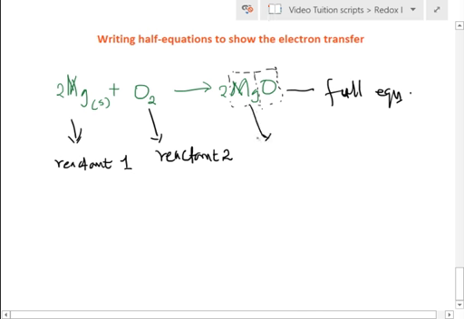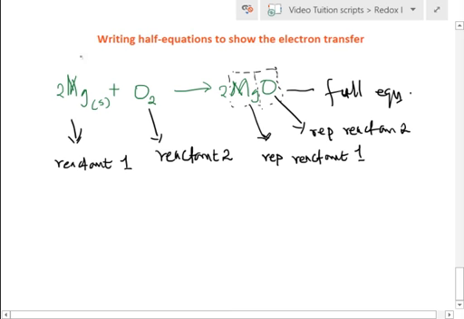This one will go for product 1. Or this one represent reactant 1, and we call this one reactant 2.